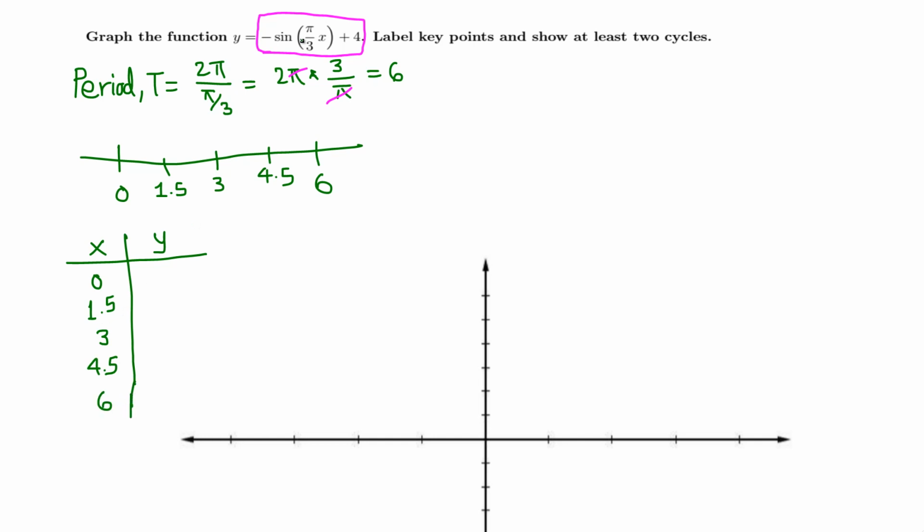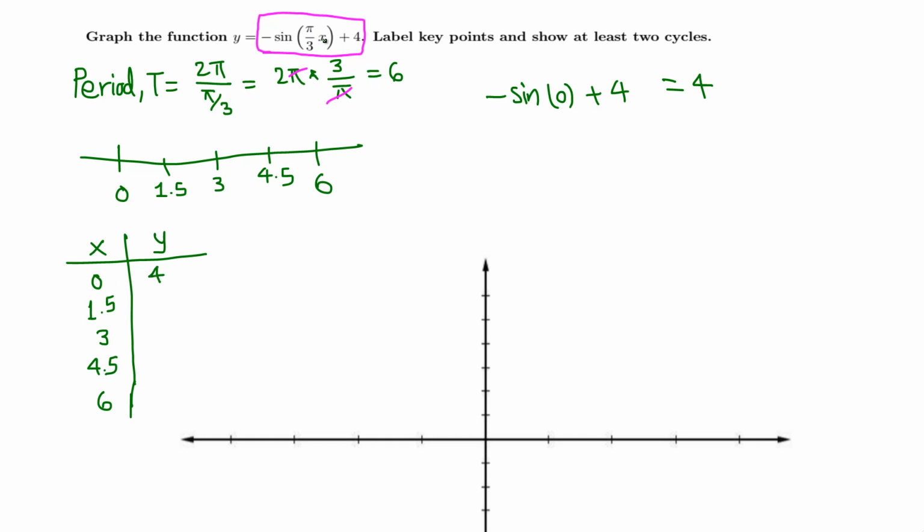Let's plug these in here. We get negative sine of pi over 3 times 0, that's negative sine 0 plus 4. Negative sine 0 is 0, so this is just 4. So at 0, y is 4.